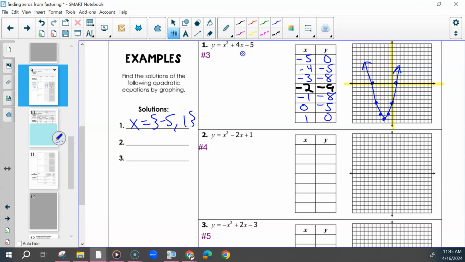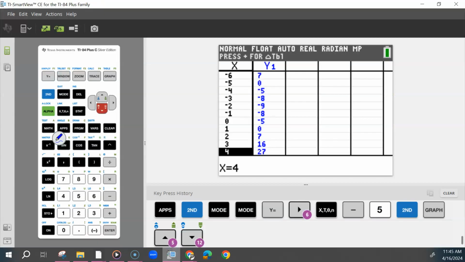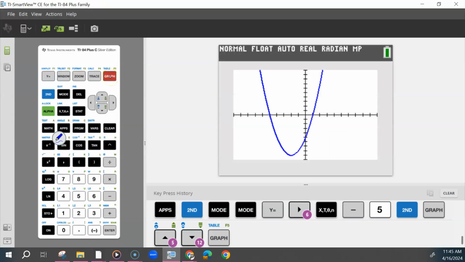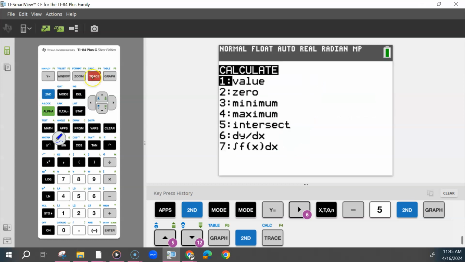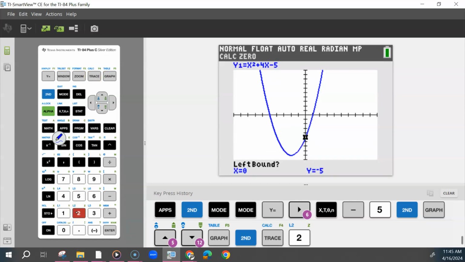You could also find them in the calculator by going into the graph, looking to see if they fall on whole number points, or if you wanted to double check, use your second trace to find your zeros, and then do that process. If you want to see that done on the calculator, let me know.